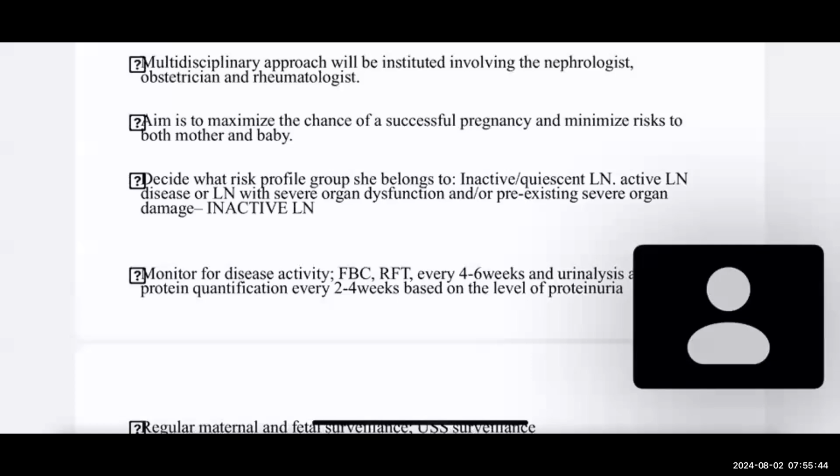She can belong to either of these groups: inactive quiescent lupus nephritis, active lupus nephritis, or lupus nephritis with severe organ dysfunction and or pre-existing severe organ damage. But based on the features given in the question, she appears to be in an inactive phase of the lupus.